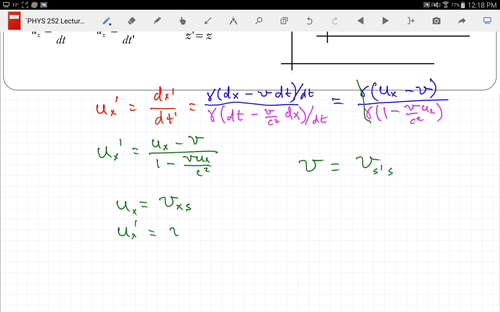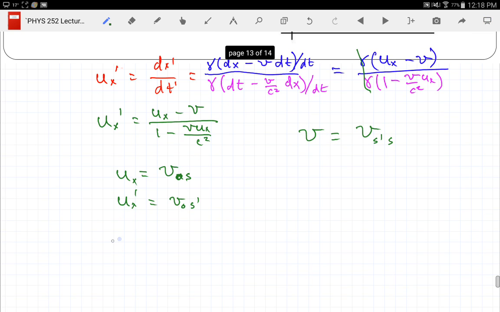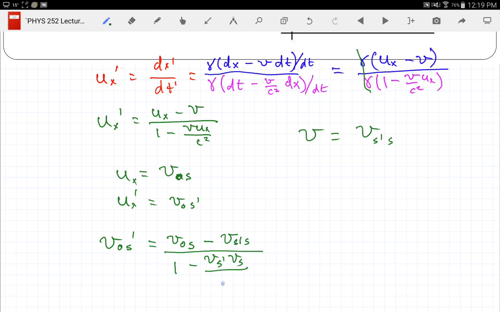ux prime is the velocity of my object with respect to s prime. And so putting those definitions in, our equation is: velocity of the object with respect to s prime is equal to velocity of the object with respect to s minus the velocity of s prime with respect to s, excuse me, I screwed that up.